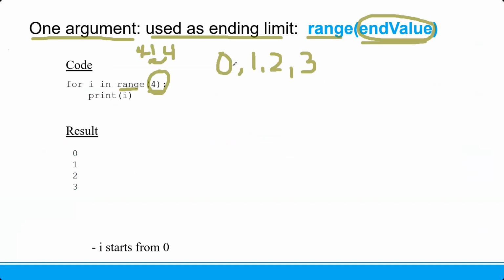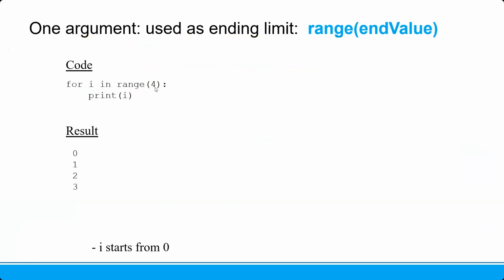So please remember that every one of these loops will start from 0. So if you have range 5, then it will be 0, 1, 2, 3, 4. If you have range 6, then it will be 0, 1, 2, 3, 4, 5. It is always minus 1 from the end value.